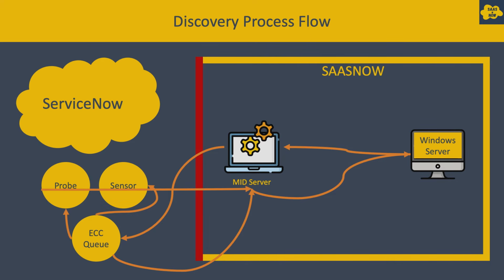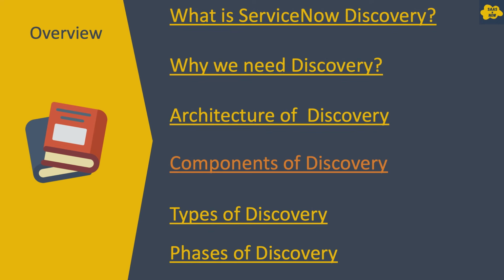Then there is a sensor job which checks for the new input record in ECC queue, and if a record is found, then the relevant sensor reads the data and processes it further, which is updated or created in CMDB records.